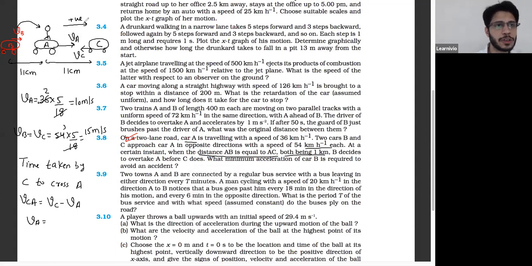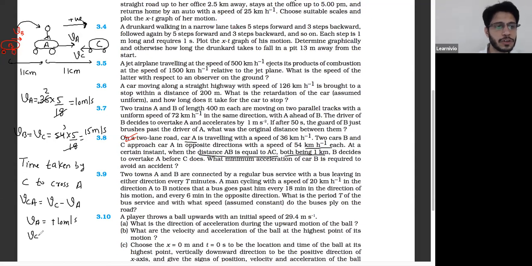See, which direction is positive? Right one. And this VA is acting in positive direction or in negative direction? See, just look at this diagram. VA is in the positive direction. So it's VA is plus 10 meter per second.